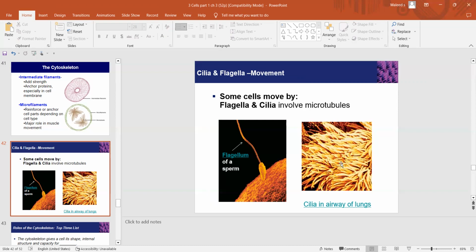Look at this cilia, like in the airways of the lung, inside your trachea and bronchi, inside your respiratory passageway, you have these. This looks like a brush. You know how a brush looks, with finger-like projections, in order to move things around. We will talk about it more later, but those two contain microtubules to move them.